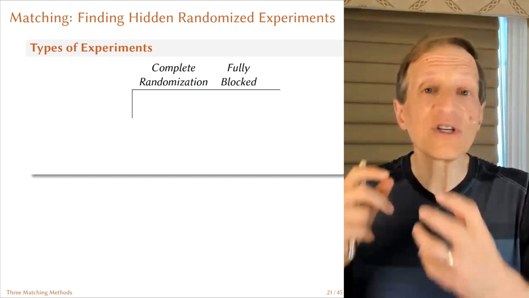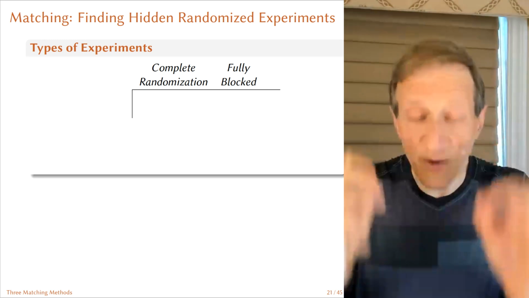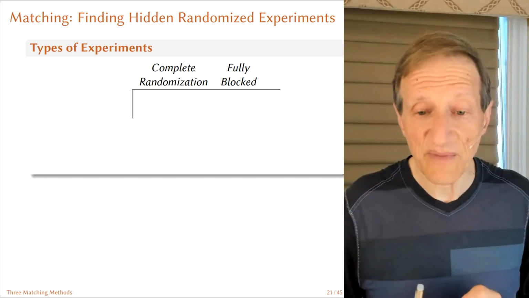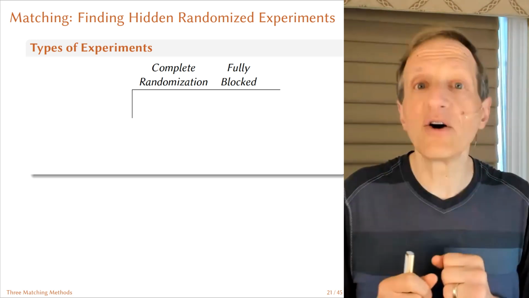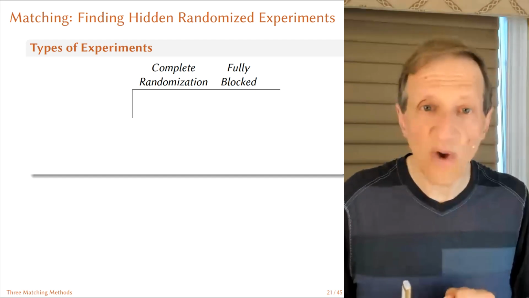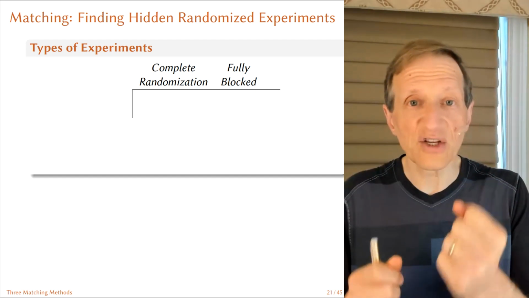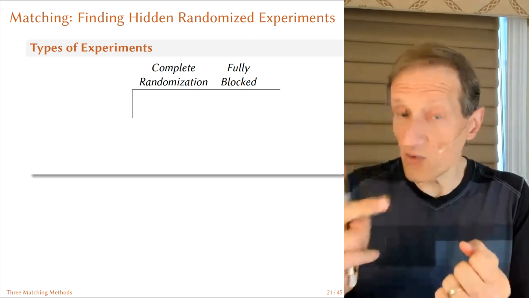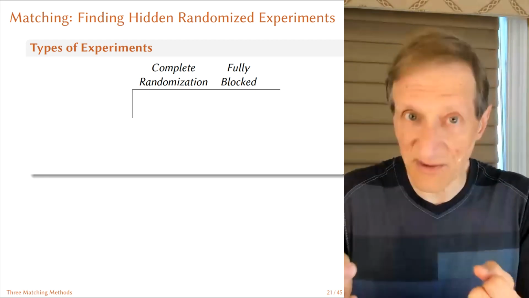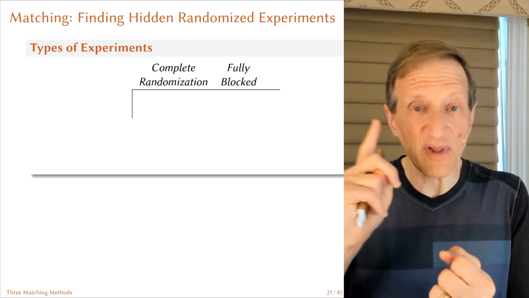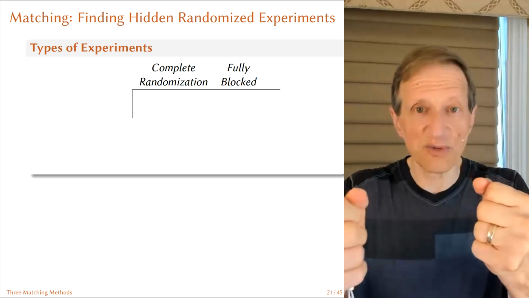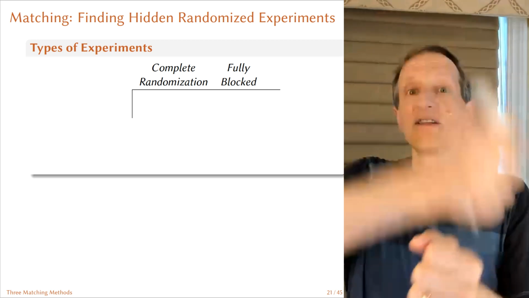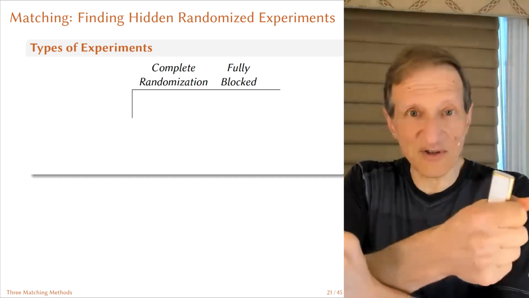It ensures exact balance on those variables first and then randomizes afterwards. And so, for example, we would block on gender by selecting two women, flipping one coin, and deciding one coin for the two women rather than two coins, one for each of the women. So we flip one coin, and heads, this woman gets treatment and this woman gets control, and tails, this woman gets treatment and this woman gets control.